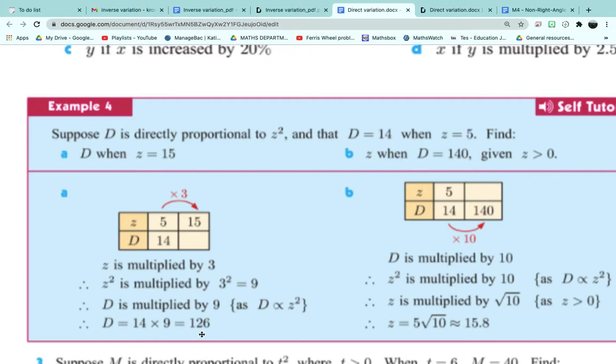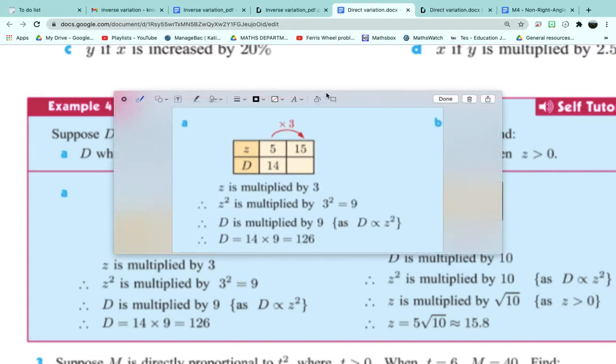The answer would be 126. There are a couple of ways to do this. First of all, you could do it how it's shown on the screen, but perhaps there are other ways to do this particular question. I will show you now.